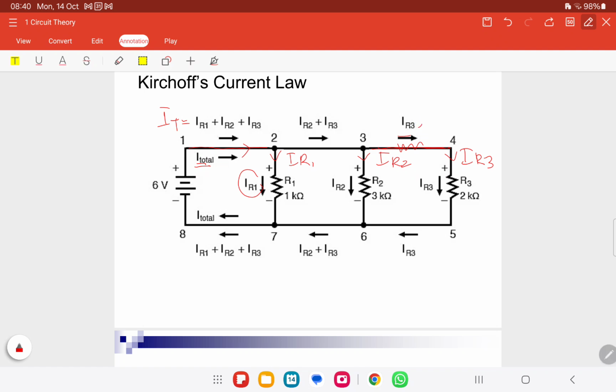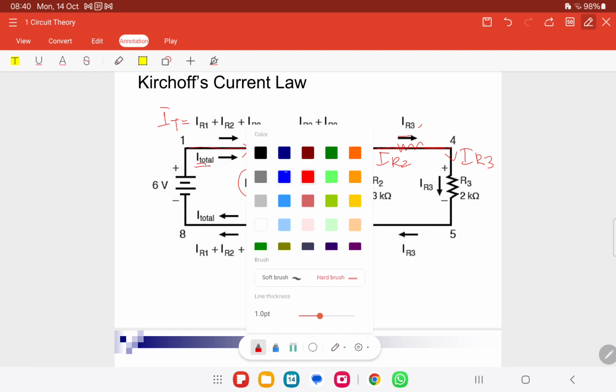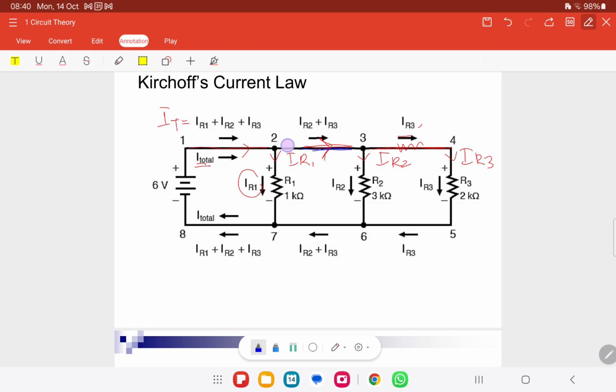Okay, so this is I R3, and this one I yang lalu di sini is, it is not I R2 yang sini ni, at this point it is not I R2 because dia keluar macam ni.